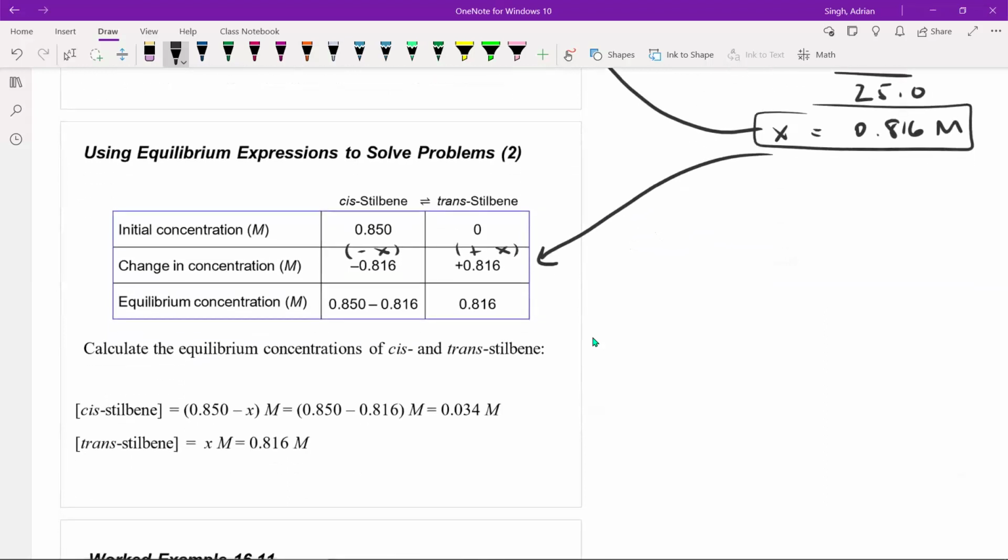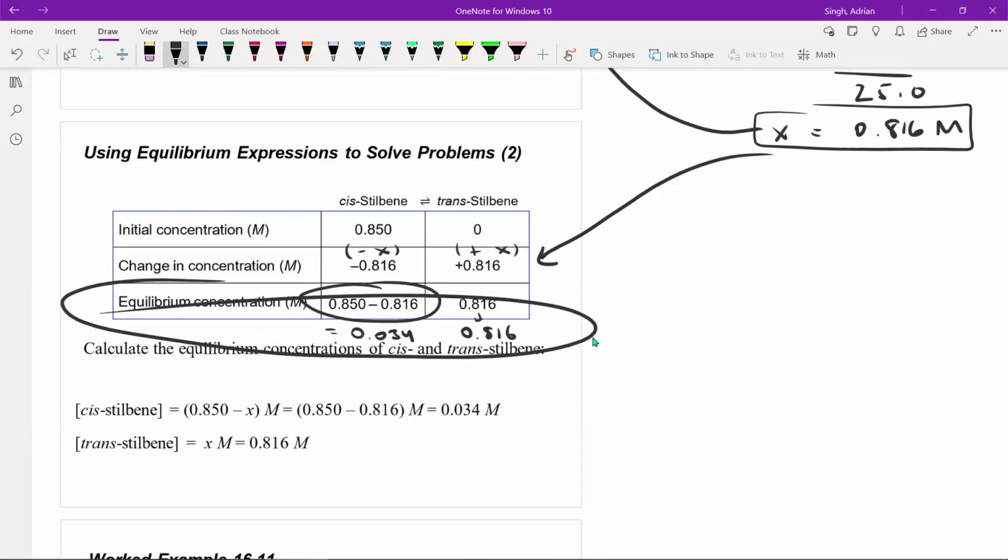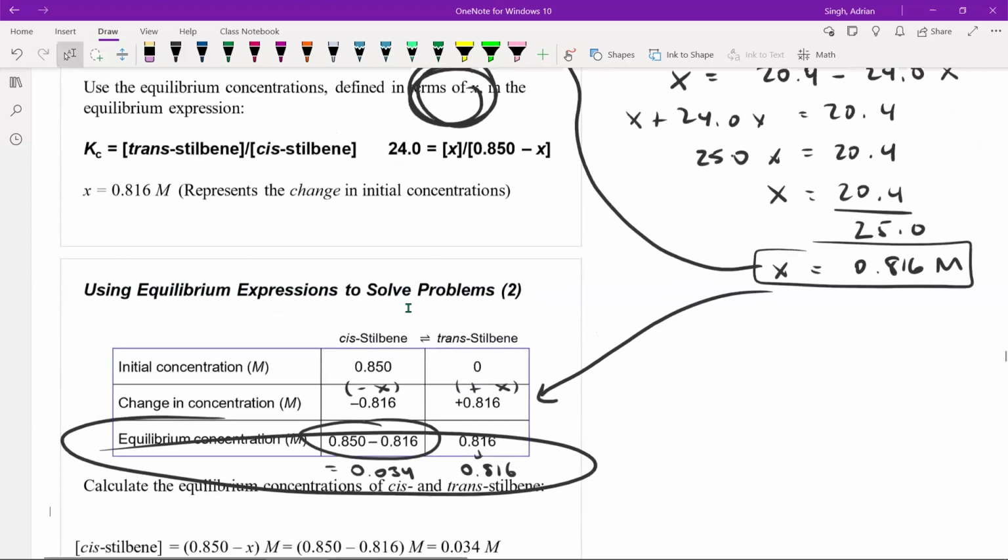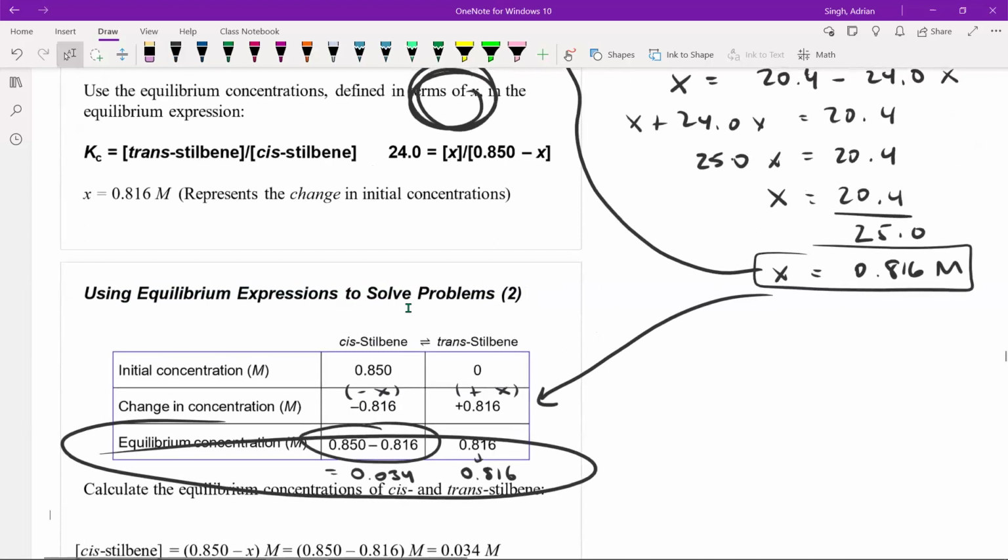So this ends up being 0.034 molar, and then this here ends up just being the 0.816 molar because we just gained that amount. All right, so we're now able to calculate the equilibrium concentrations of both the reactant and the product just by applying a little bit of algebra to this chemical problem and doing the math on it.